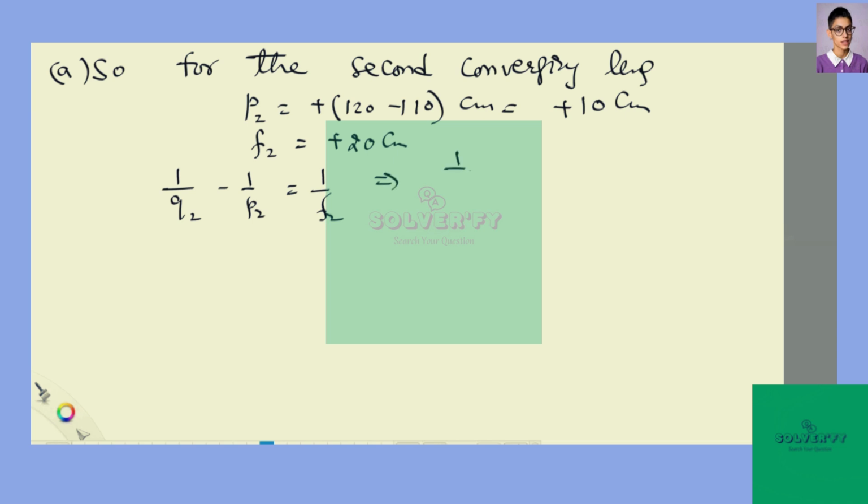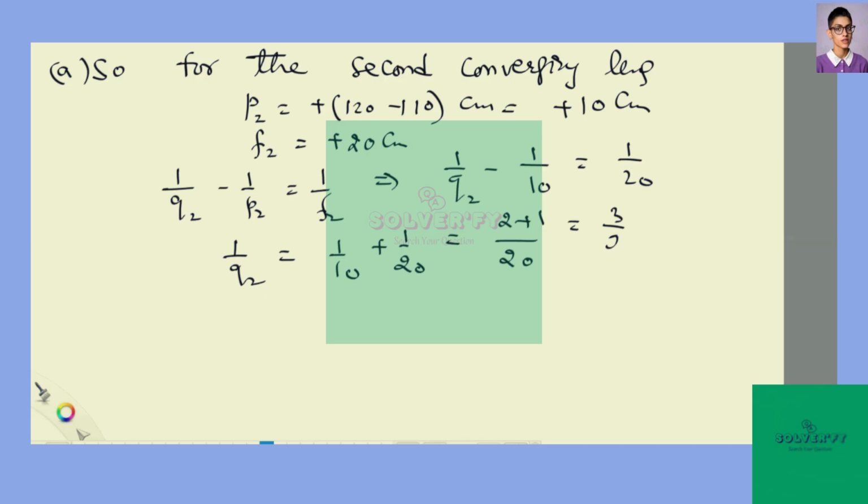Putting the known values, 1 by Q2 is unknown, minus 1 by 10 is equal to 1 by 20. So here 1 by Q2 comes out to be 1 by 10 plus 1 by 20, or taking 20 as an LCM, this is 2 plus 1 or 3 by 20. So Q2, the position of the final image, is 20 by 3 centimeter to the right of the second lens.